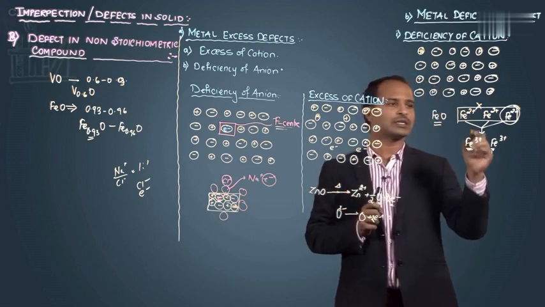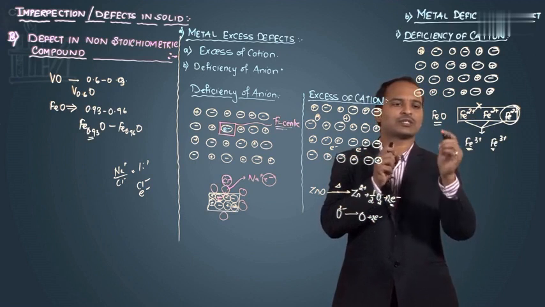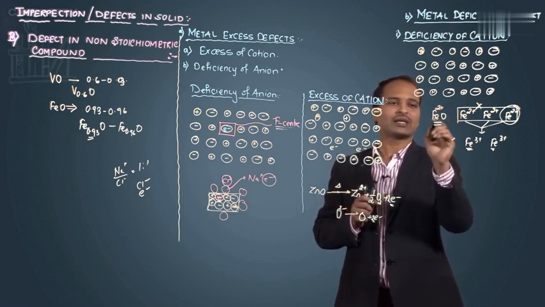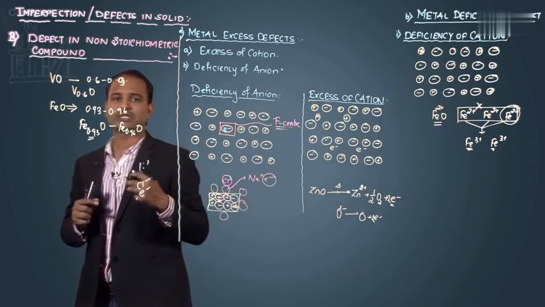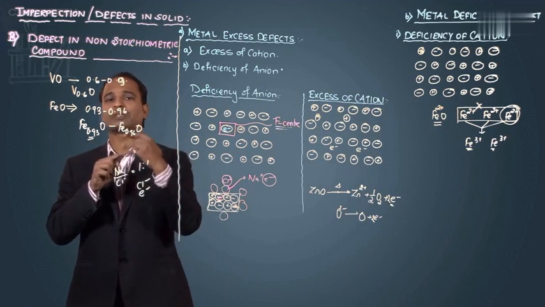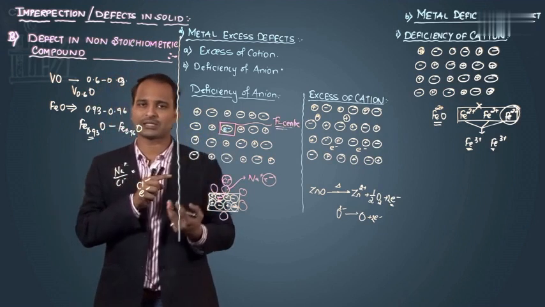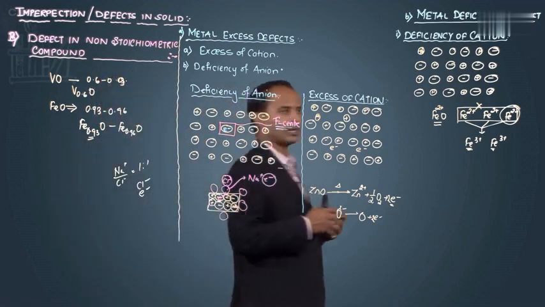And now in this case, as I said, some Fe2 plus ions are missing. So the number of Fe2 plus ions is getting decreased, and that's why the ratio gets disturbed, and instead of having FeO, that is a 1:1 ratio, we have a ratio such as 0.93. It means 0.07 of the Fe is missing from their places, because they have got converted into Fe3 plus ions.